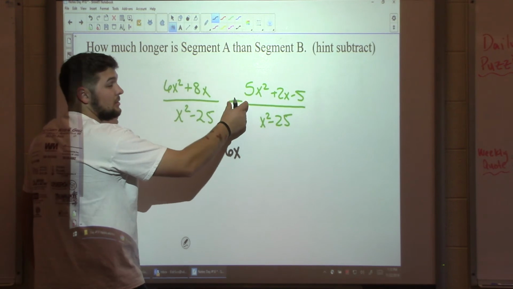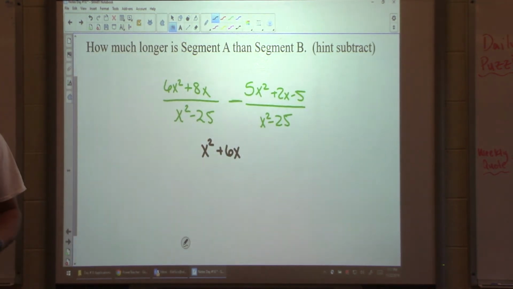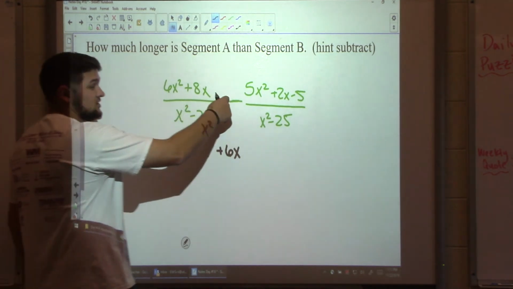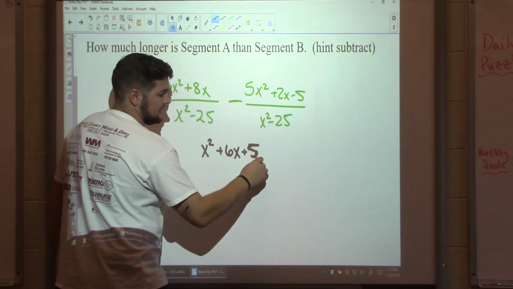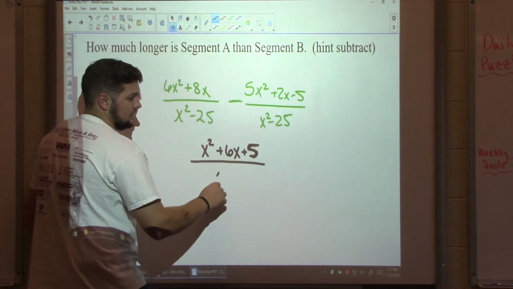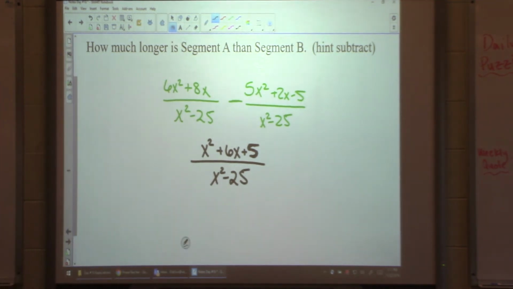Technically 0 minus negative 5 gives me a positive 5, because the subtraction goes to the negative and turns it positive. That's x squared plus 6x plus 5, over x squared minus 25. Our common denominator stays the same.